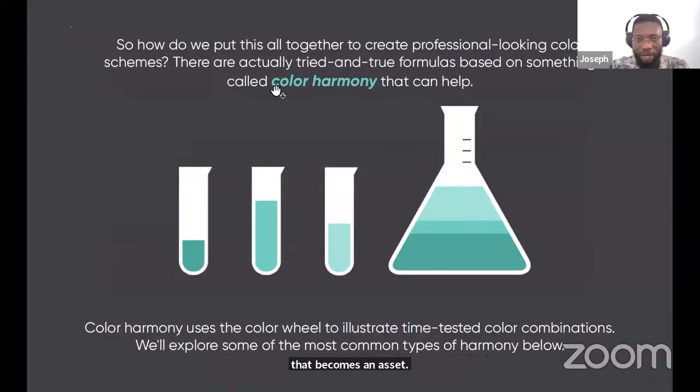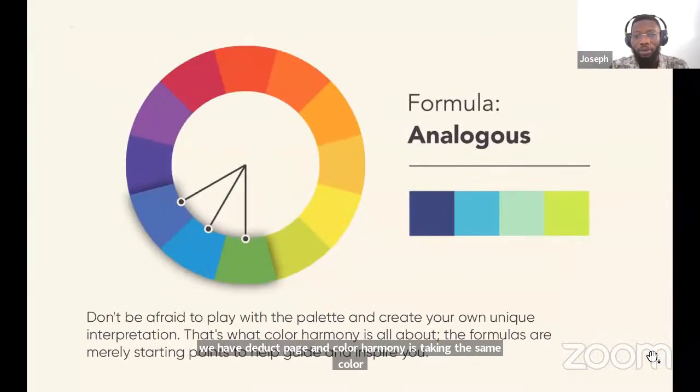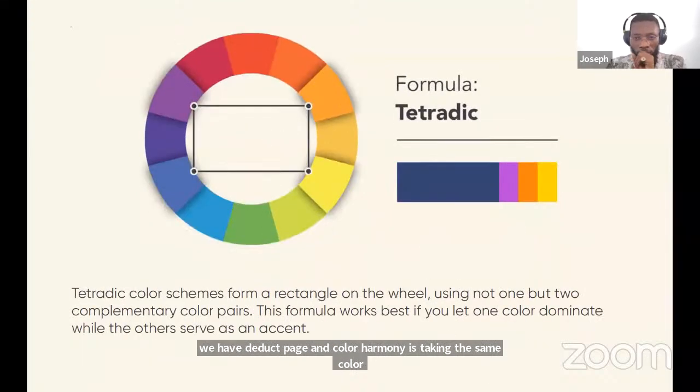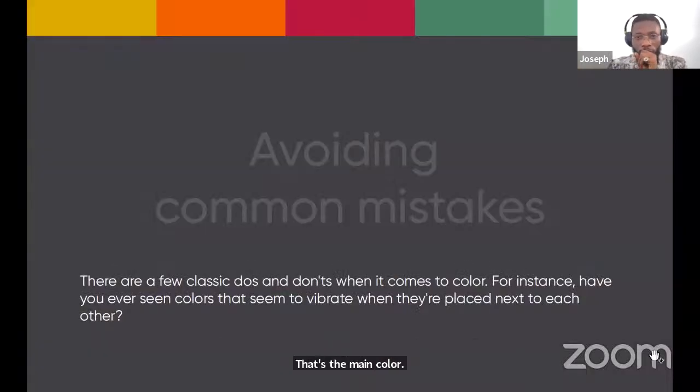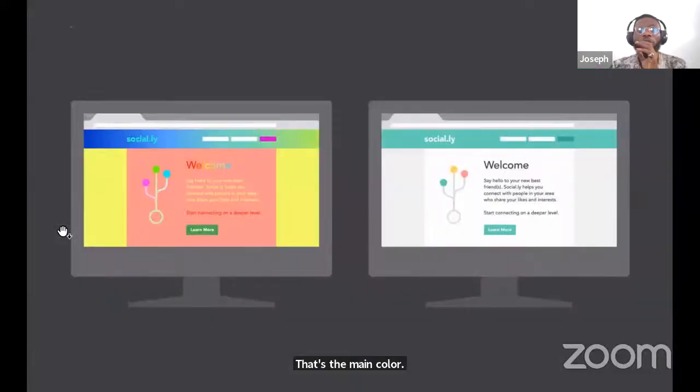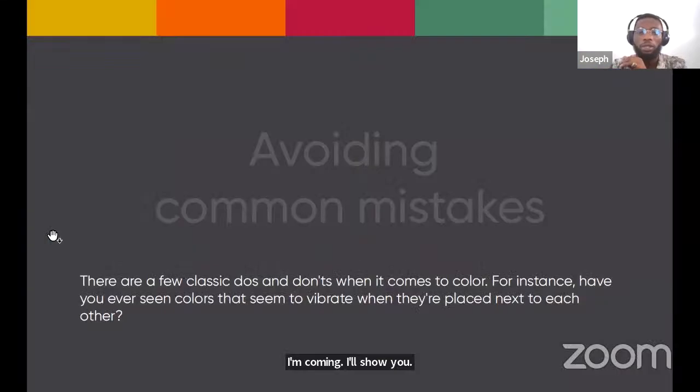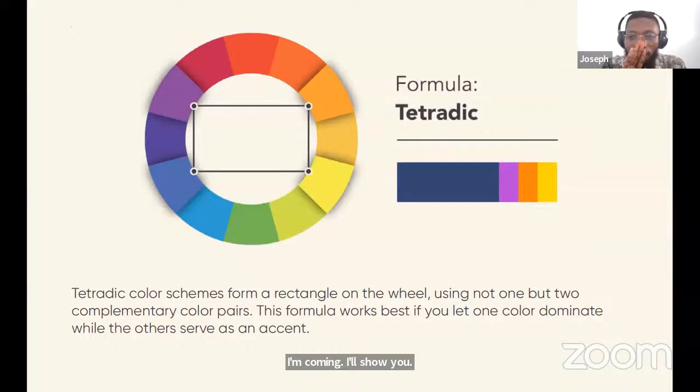Like this, that we have the dark page and color harmony is taking the same color. That's the main color. I'll show you an example anyway, but let's just round this up quickly.